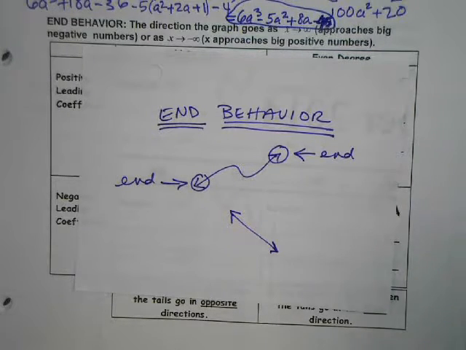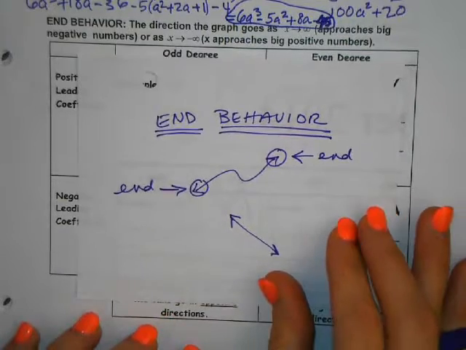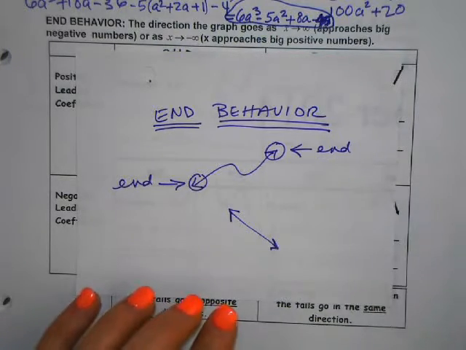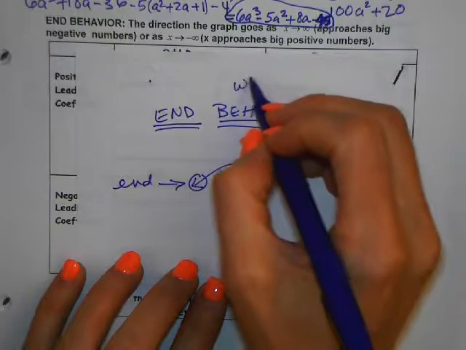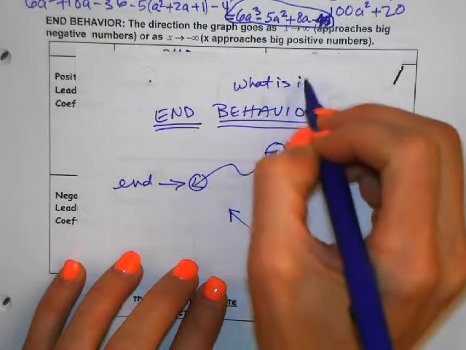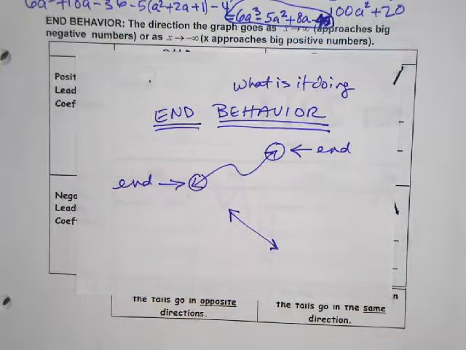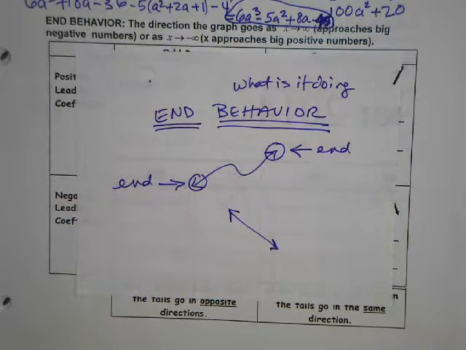All right. So then we have the word behavior. When someone is saying your behavior, what are they usually meaning? Like what you're doing, right? What's your personality? What are you doing? So when we talk about behavior in a graph, we're talking about what it is doing. Okay? So when we talk about end behavior, what we're asking is, what are the ends doing?